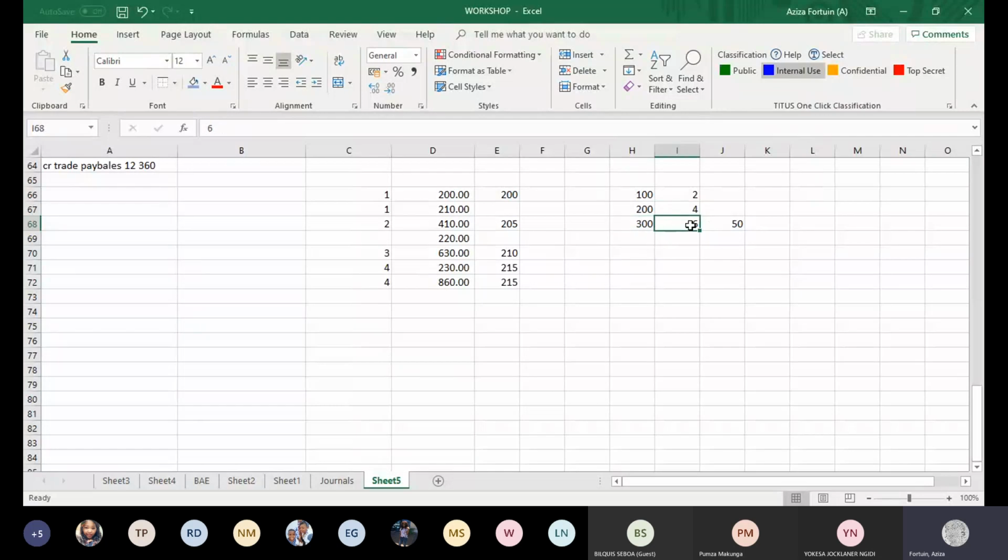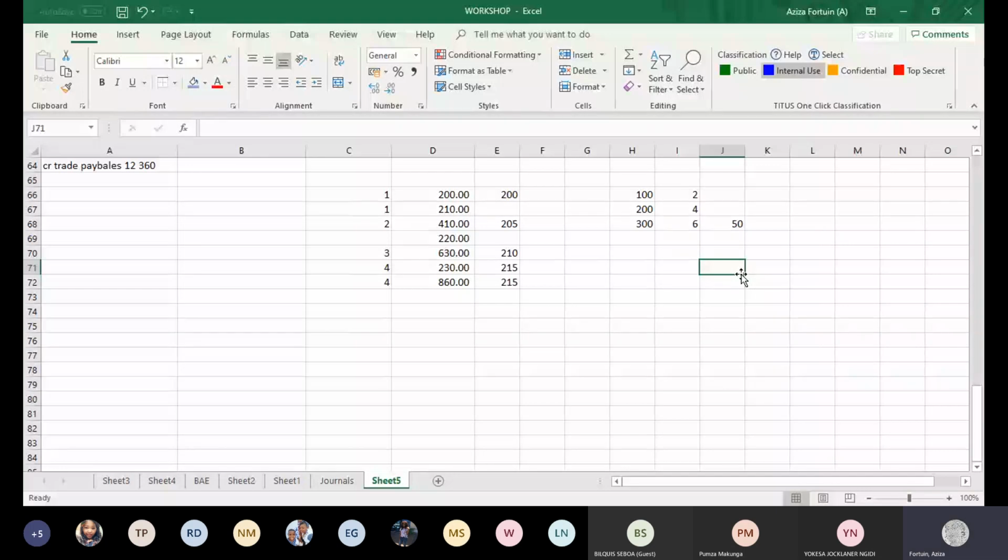Then you say 300 divided by 6 is 50. Does that answer your question? Okay, thanks. Anybody else, any other question? So if there were 3 dolls, there 1 and 3, then you would have divided the total by 4. Or if there was 1 and 2, then you would have divided by 3.